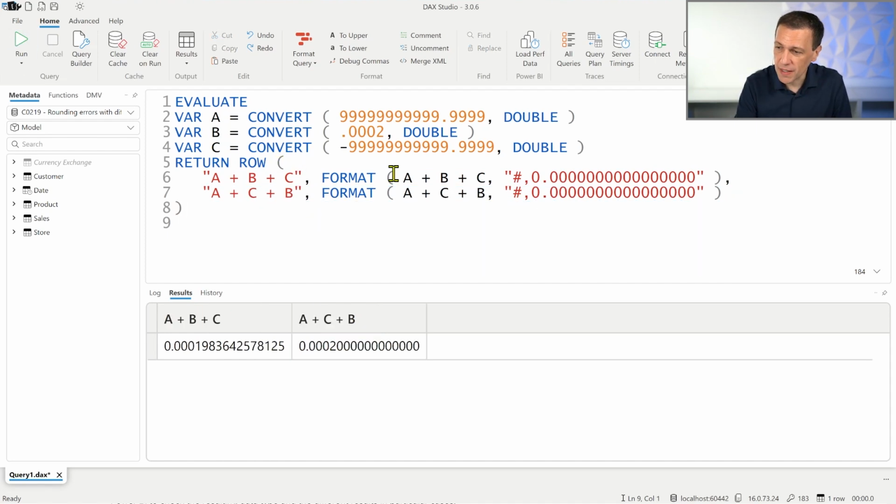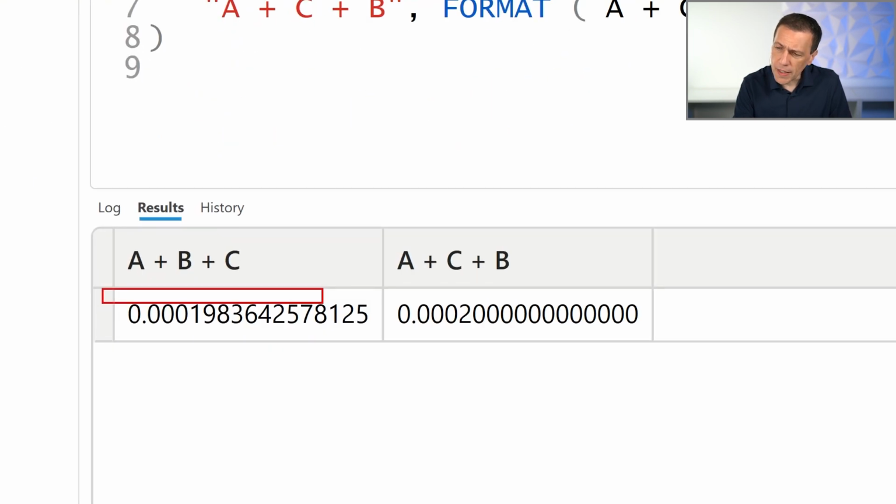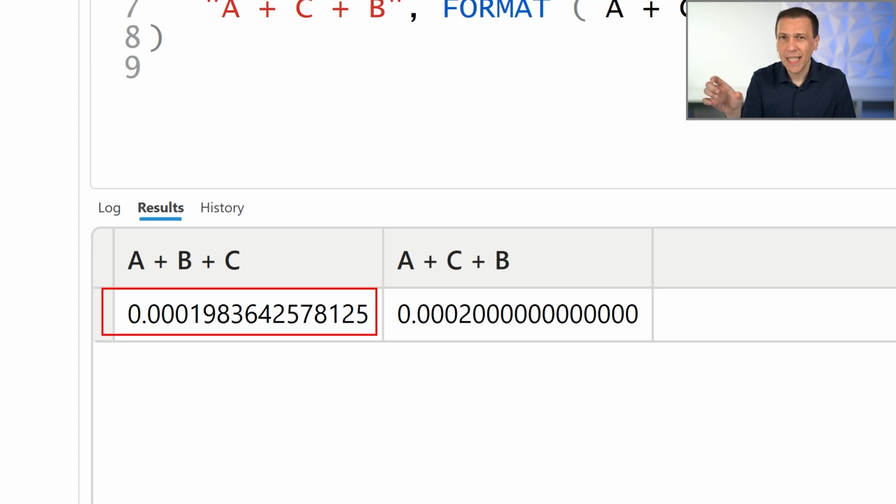Let's see what happens. Let's execute this code. And here we go. You can see what happens. The first number is, let's say, not correct. In reality, this number is very close to the original number we wanted to obtain.